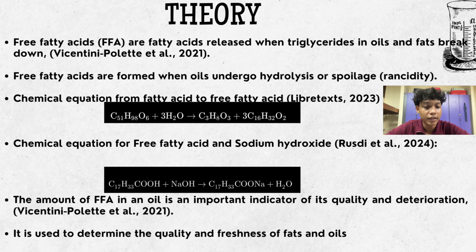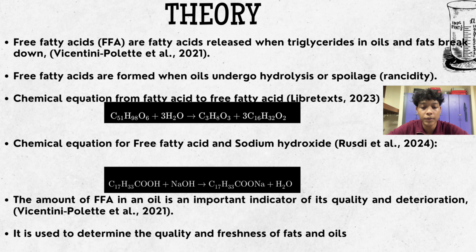However, when the oil is exposed to heat, water or oxygen during cooking or storage, the triglyceride begins to break down through a process called hydrolysis. As shown in this equation, one triglyceride molecule reacts with water to produce glycerol and 3 free fatty acid molecules. The longer the oil is used, the more free fatty acids are produced.